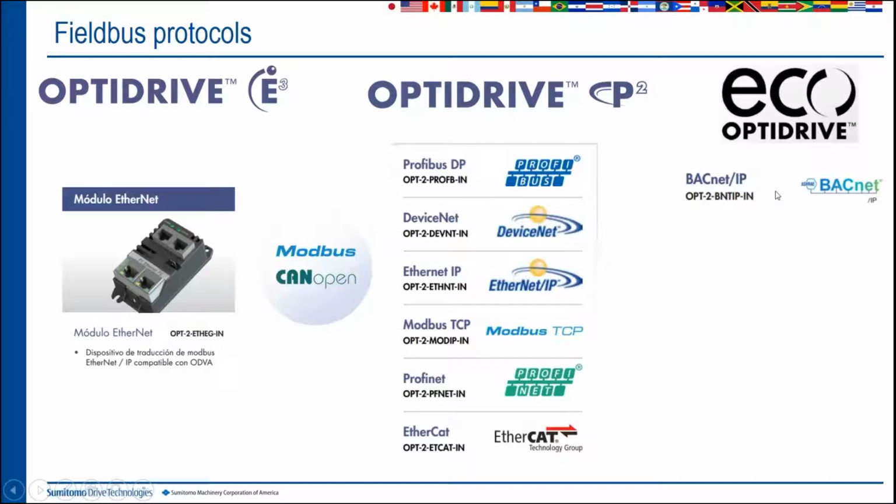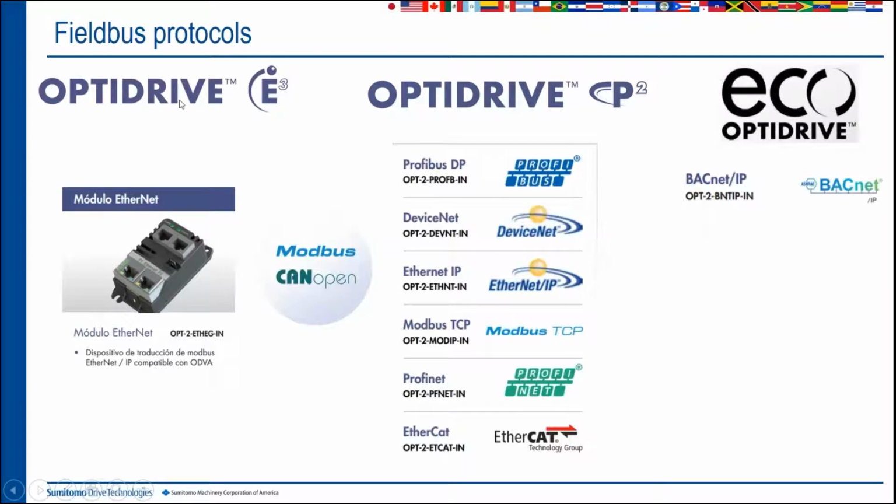For example, in intelligent buildings, you will need BACnet, a very widely used fieldbus protocol for intelligent buildings. So not all the drives will be compatible with all the fieldbus protocols in the market.